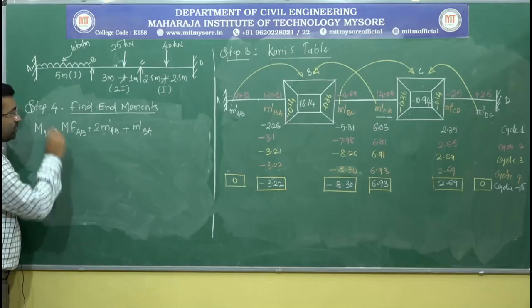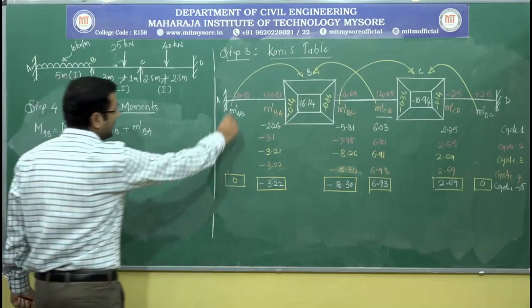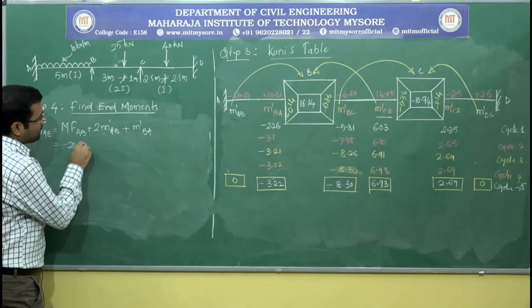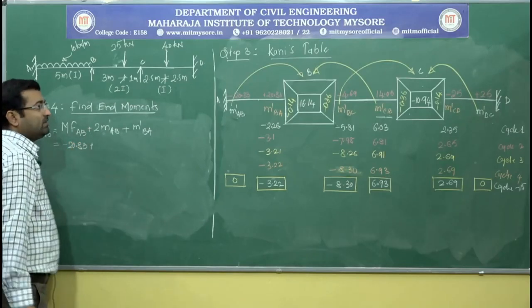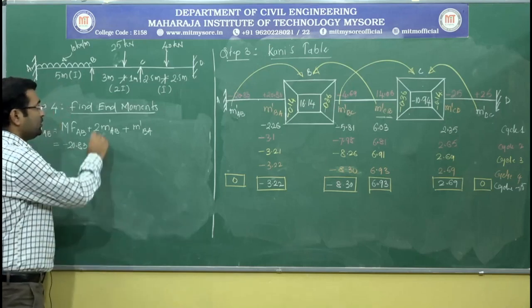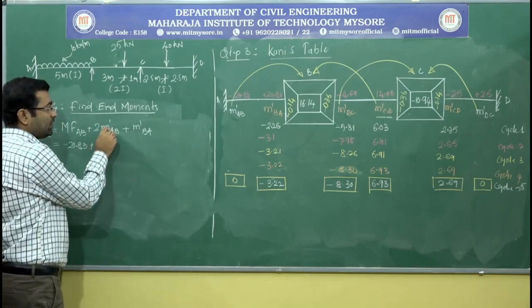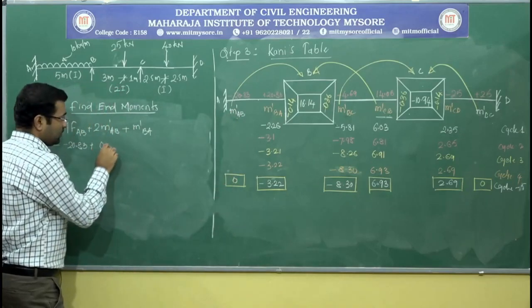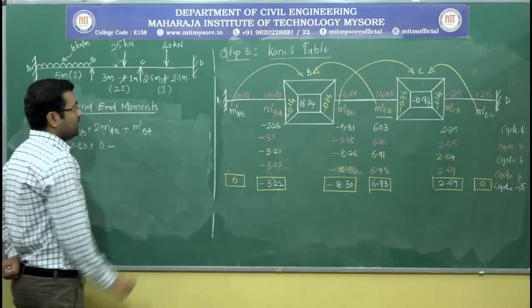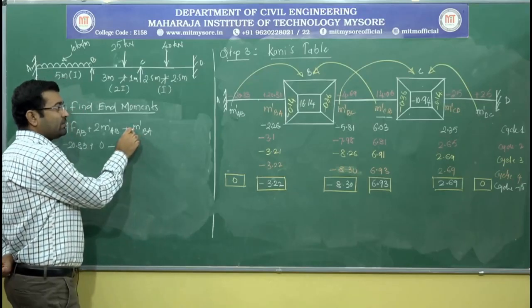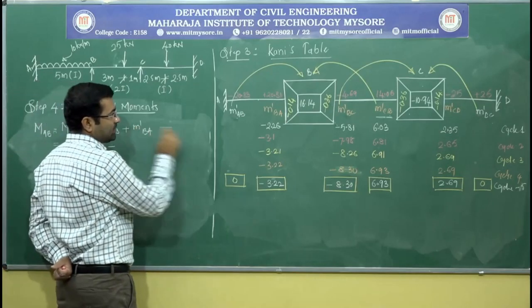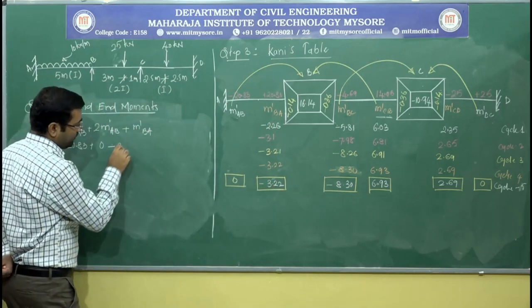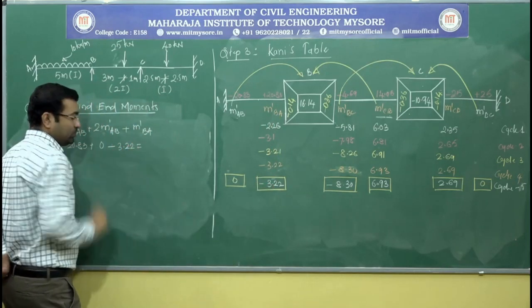Now how much is the fixed end moment? The fixed end moment here is minus 20.83 plus 2 times the rotation contribution. The rotation contribution at the same point is 0, so this whole thing goes to 0. Next the rotation contribution for the far end, that is M dash BA, here it is minus 3.22.